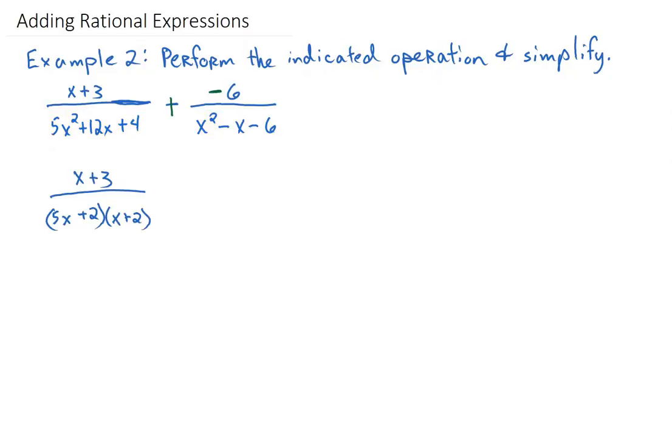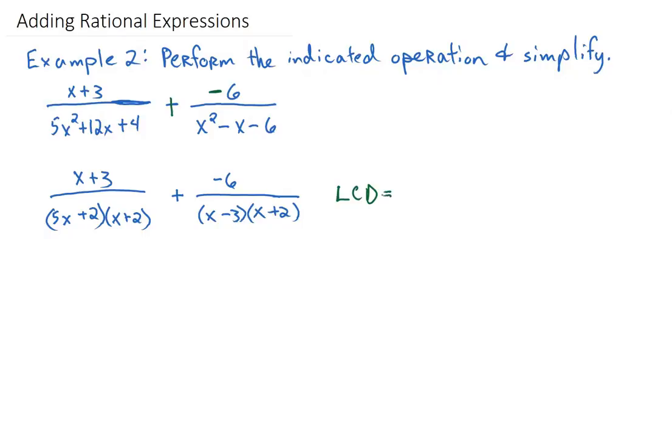The first denominator factors as 5x plus 2 times x plus 2. And the second denominator factors as x minus 3, x plus 2. Now that we have the denominators factored, we need to determine the LCD.